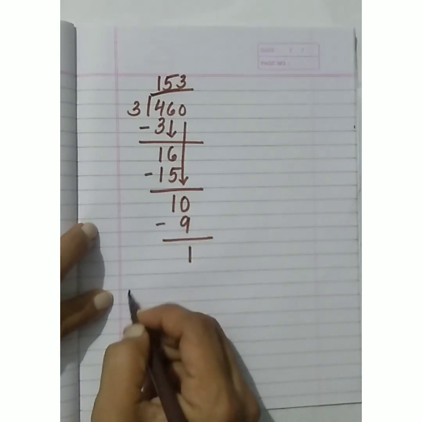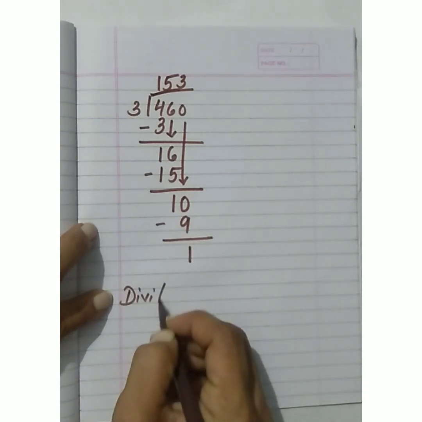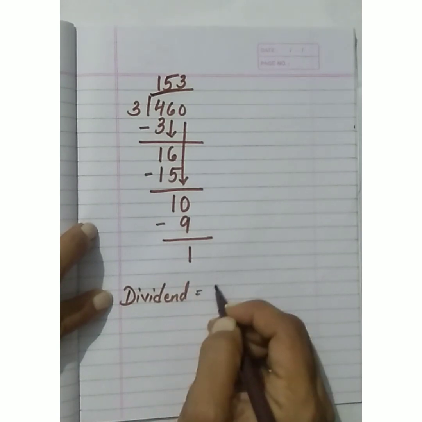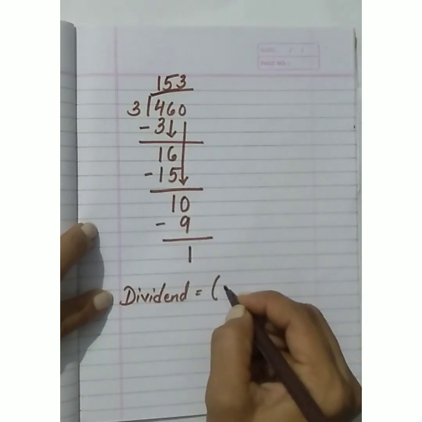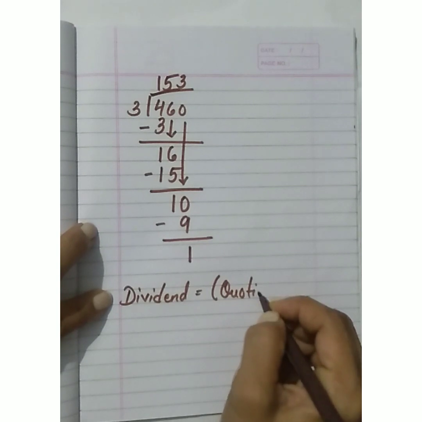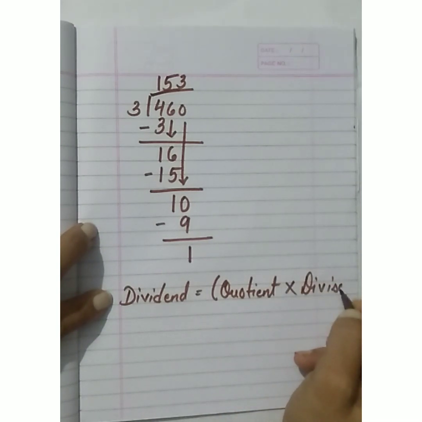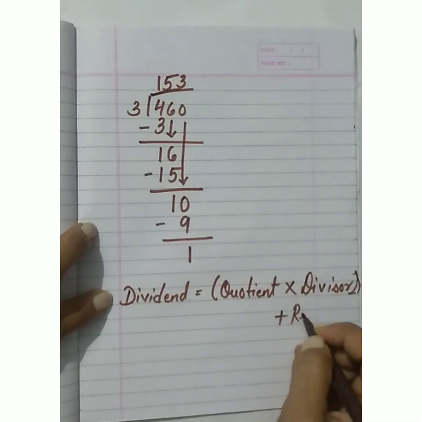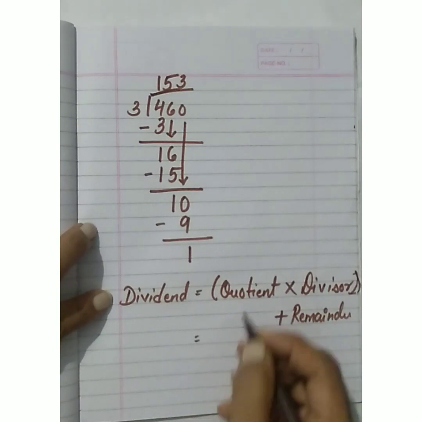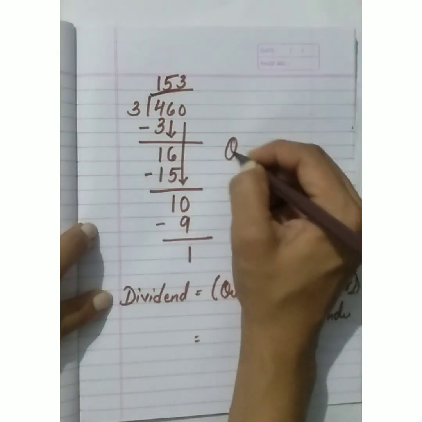So what do we get? Dividend is equal to, in bracket, quotient multiplied by divisor plus remainder.